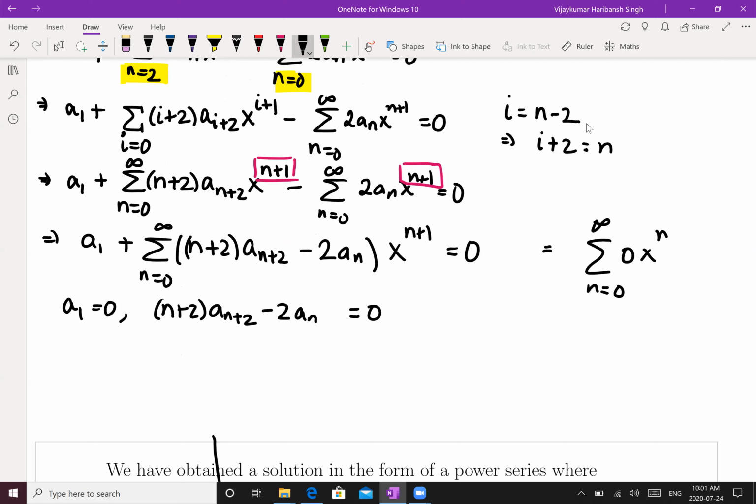In fact, you can prove that continuing this, a_n is 0 if n is odd.